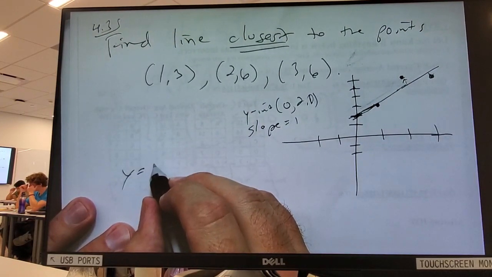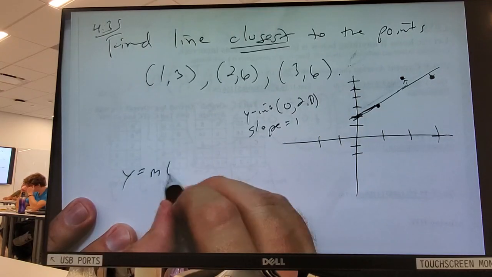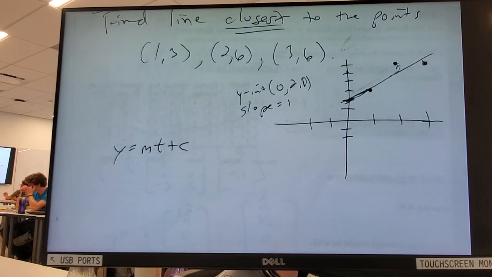I ended up with MT plus C. I don't want to use X because X normally is a vector that I'm trying to solve for. I don't want to use B for sure. MX plus B, so I made it MT plus C. The book uses C and D. I'm going to use M because that's obviously the slope. Yes? Okay.